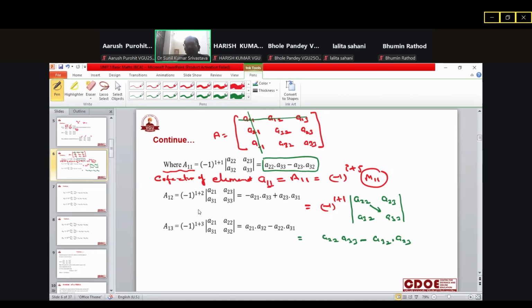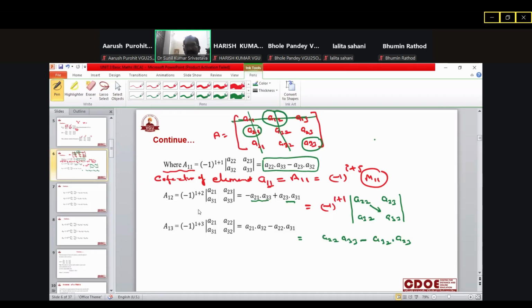In the same way, suppose we calculate the value for A12. What do I have to do in this case? Remove the row in which it lies and the column in which it lies. So this is A21 into A33 minus A31 into A23.